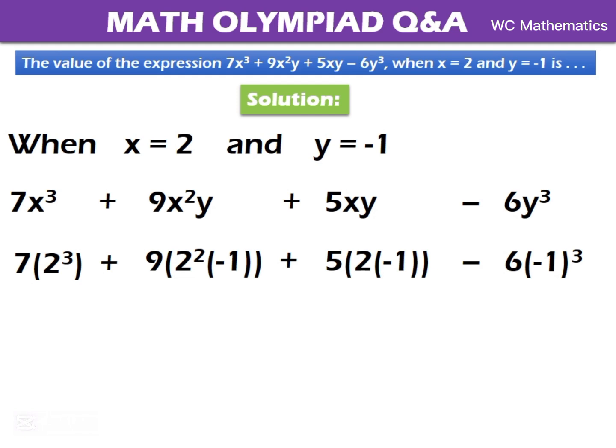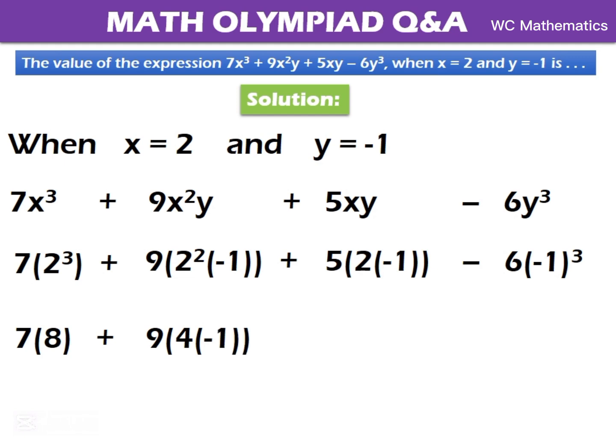Having done the substitutions, the next thing we'll do is to evaluate what we have there by doing this simple arithmetic. But note, for this method, we will keep the signs outside the bracket untouched until we have cleared off the brackets. So the first term now becomes 7 into bracket 8. Why? Because 2 raised to power 3 is 8. We'll keep the plus sign, and the next term now becomes 9 into 4 times minus 1.